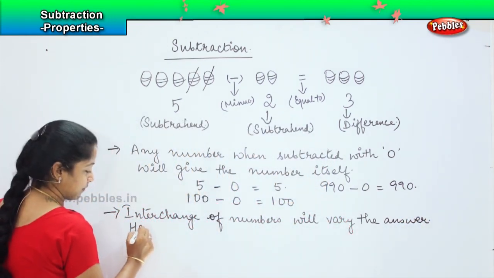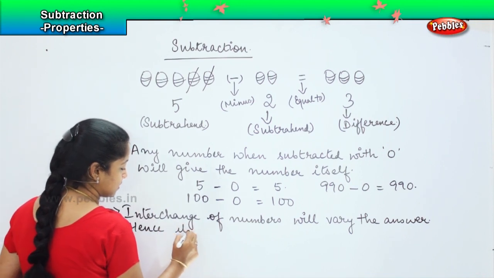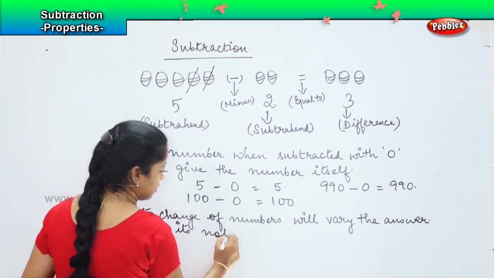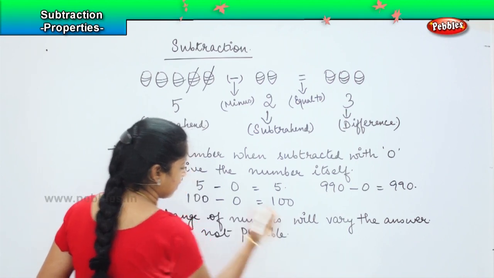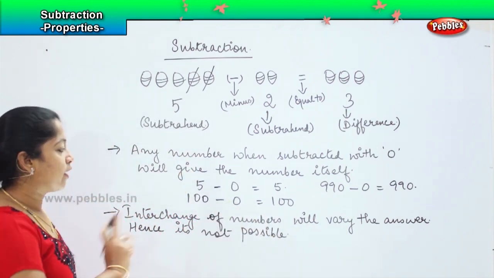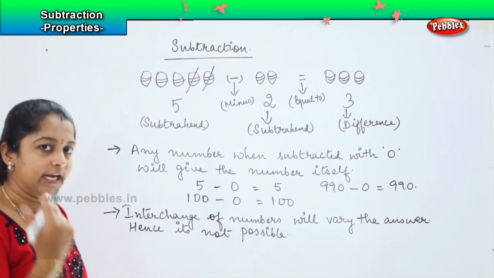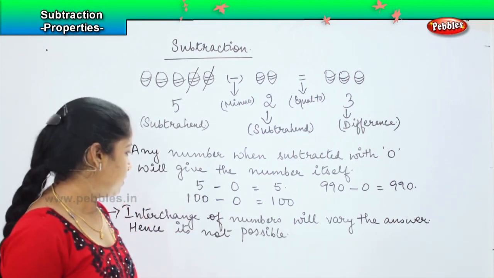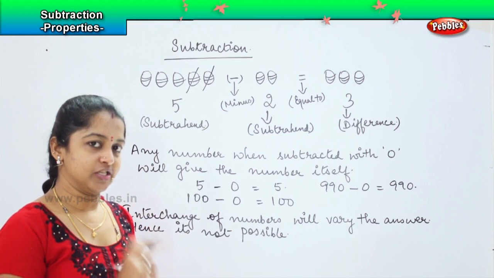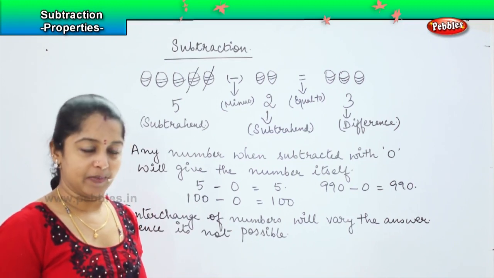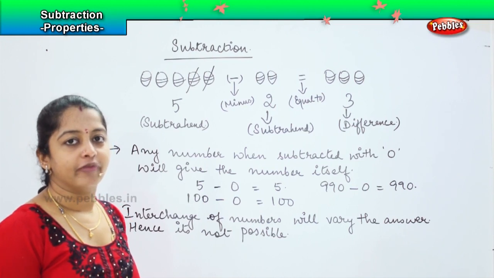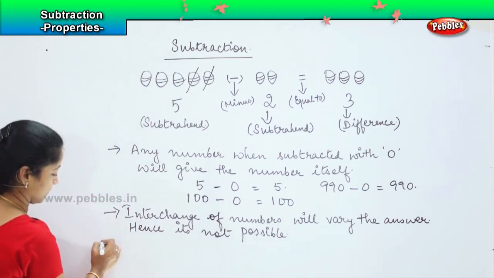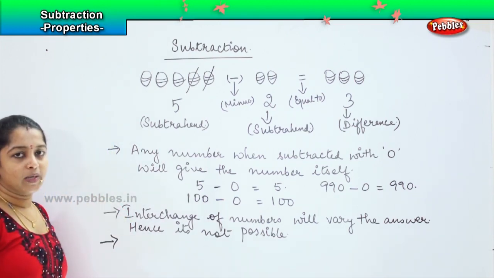Hence, it's not possible. Okay. So, you cannot swap the numbers. You cannot interchange the numbers, because if you interchange the numbers, the difference value will not be the same. It will be different. Okay. So, that is the second property of addition. I am sorry, subtraction.